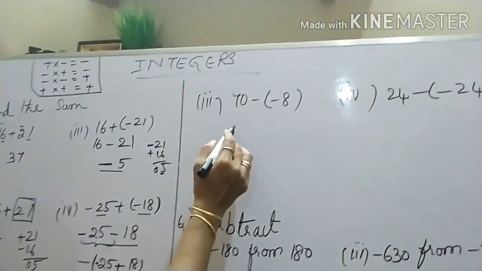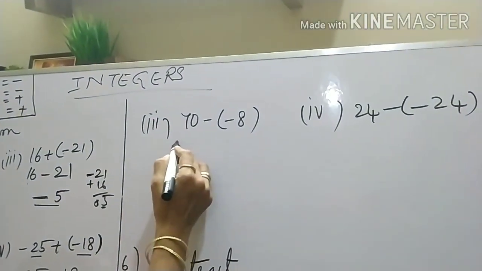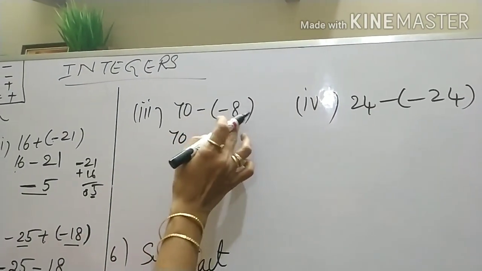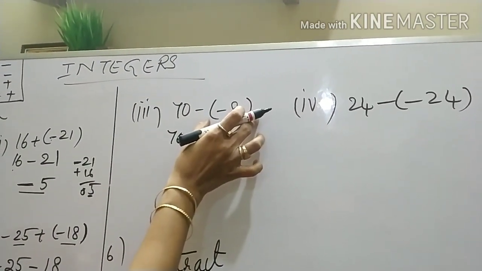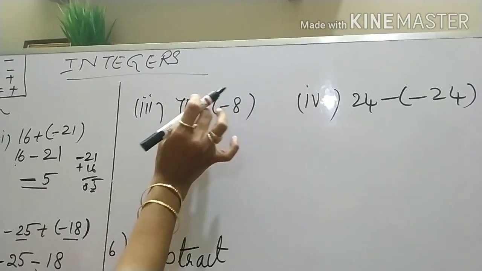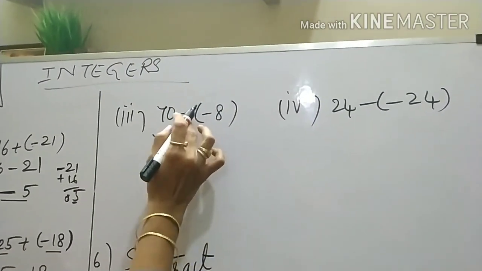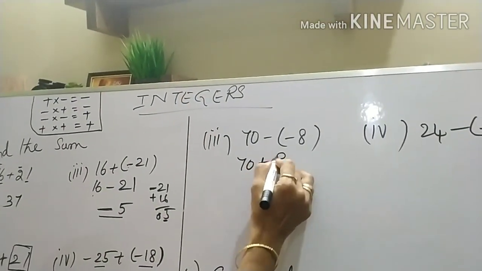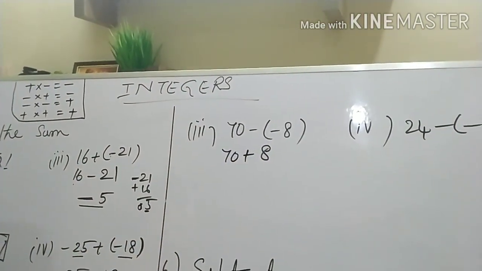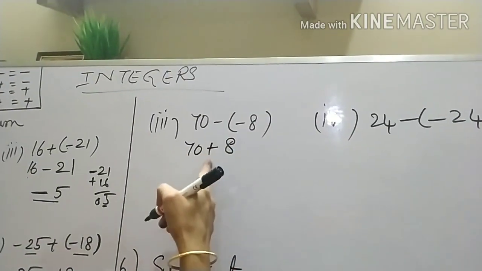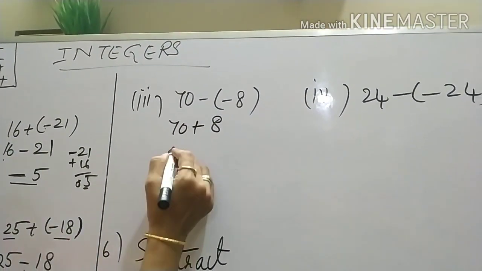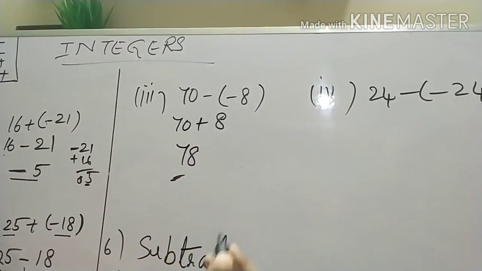Now see this one, 70 minus 8. Writing as usual, 17. I am applying minus, removing these brackets. So we can multiply these signs. Minus into minus. What is minus into minus? Plus 8. So it will become plus. I am adding the next number 8. 70 plus 8? 78.